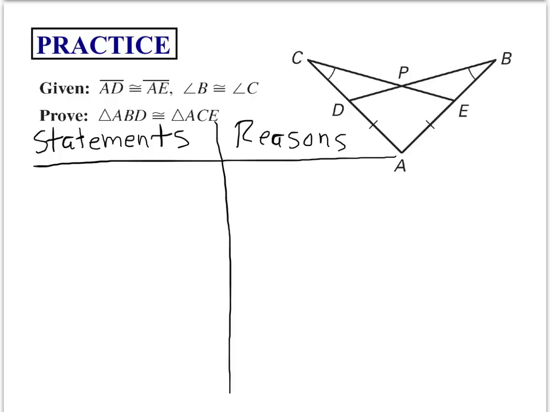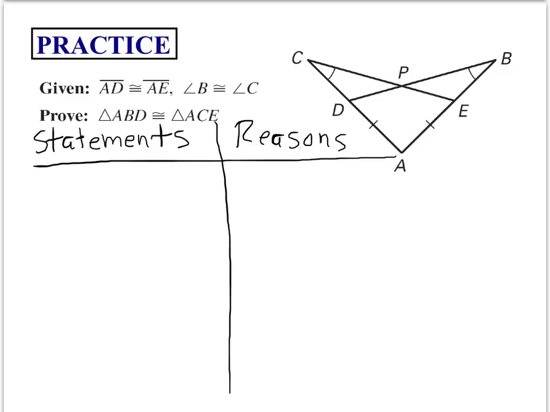For this one, what you need to realize is there's actually two triangles here. I'll highlight the first one. It's this triangle here. And we also have this triangle here. I like to separate these because it helps me see them a little clearer.